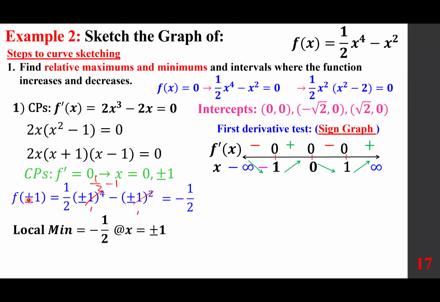So the local minimum is equal to negative 1/2 at x equals plus or minus 1.